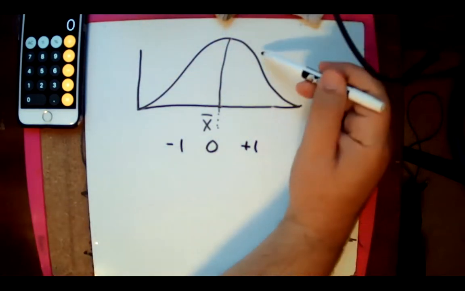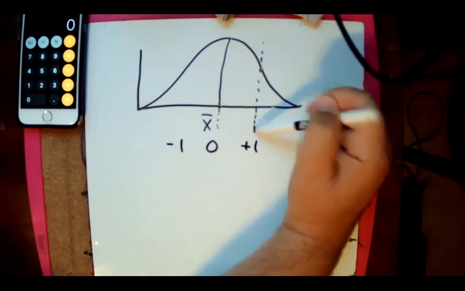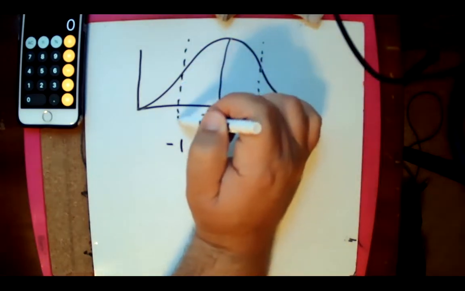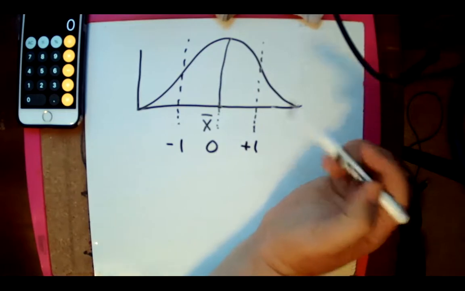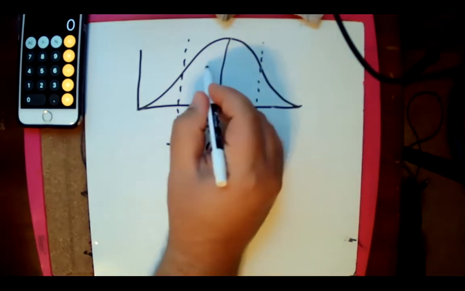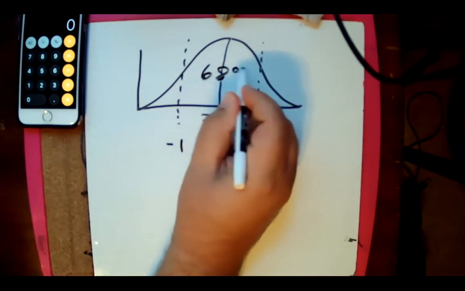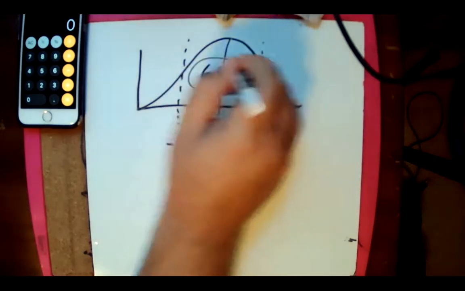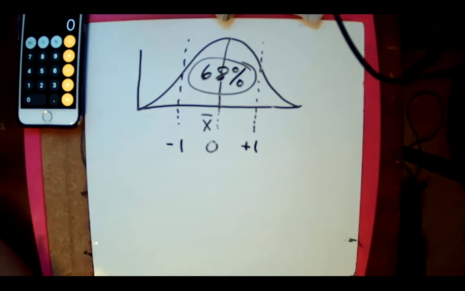Okay, so why this is important is, let's say here's one standard deviation above and below the mean. These two areas that I have here make up roughly 68% of all of the data.